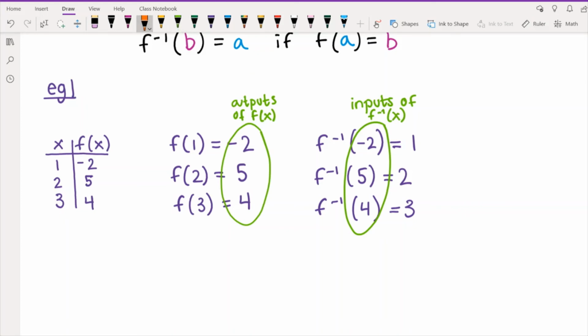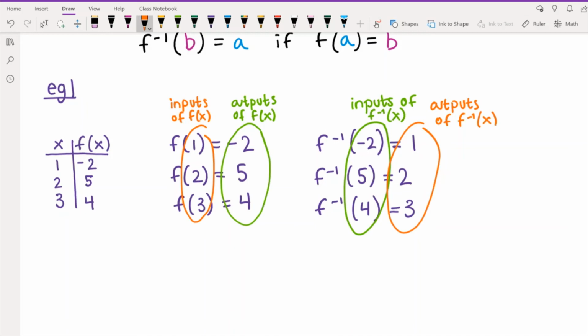And the numbers that were originally the inputs of your original function become the outputs of the inverse function. So inputs and outputs are switching places.